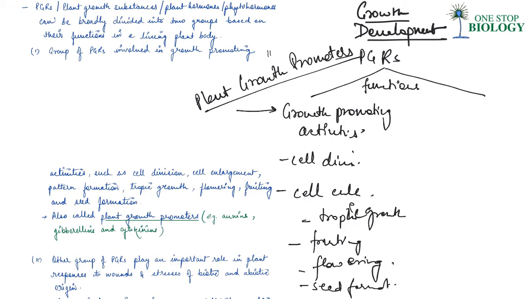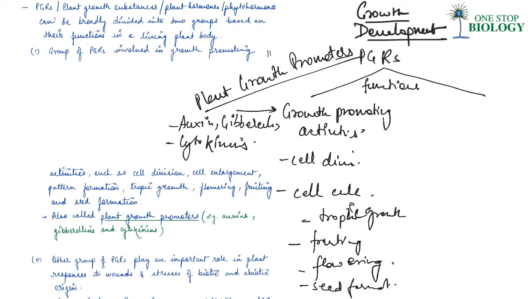So these are known as plant growth promoters, and these take part in several growth activities, like cell division, cell enlargement, pattern formation, flowering, fruiting, seed formation. Examples of this are auxin, gibberellins, and cytokinins.